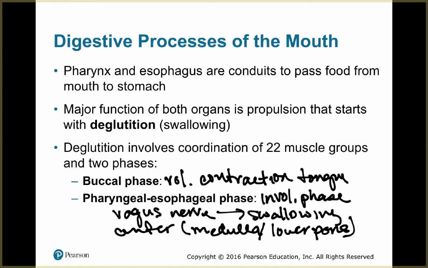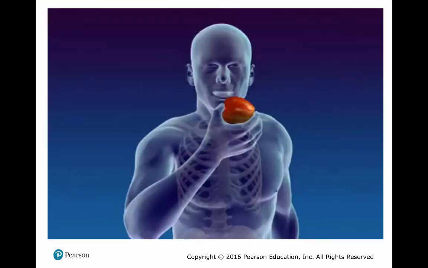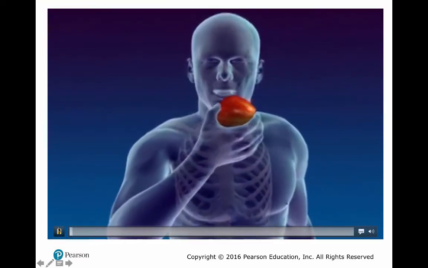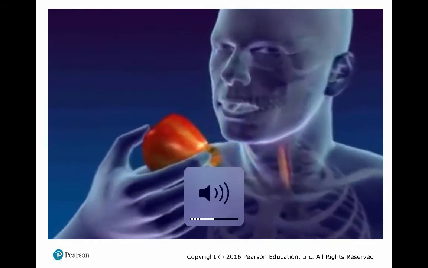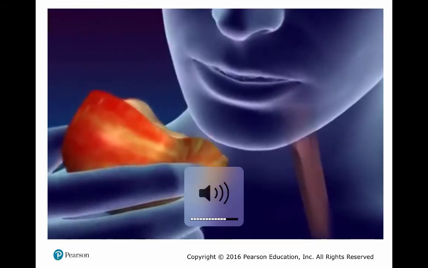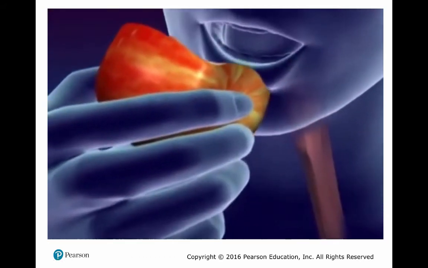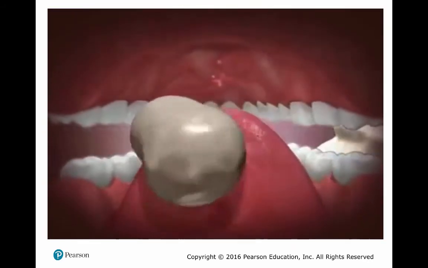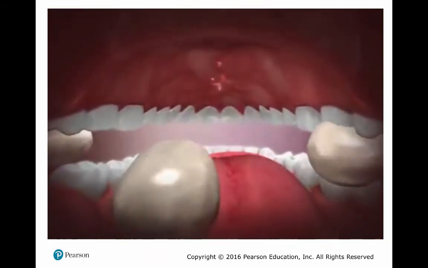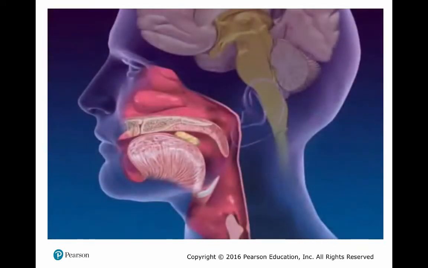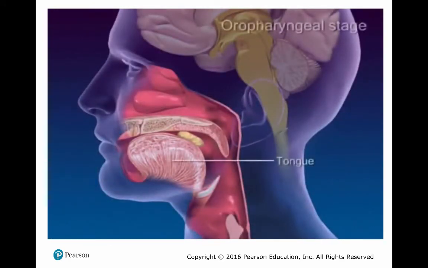So let's talk about that process of swallowing. The oropharyngeal and esophageal stages. At the start of a swallow, a food bolus is voluntarily pressed by the tongue up against the roof of the mouth and backwards towards the pharynx.